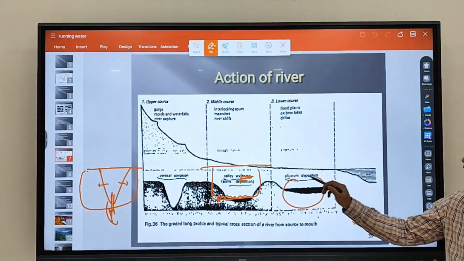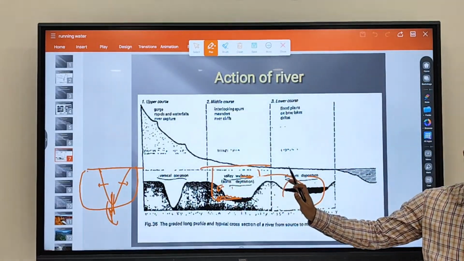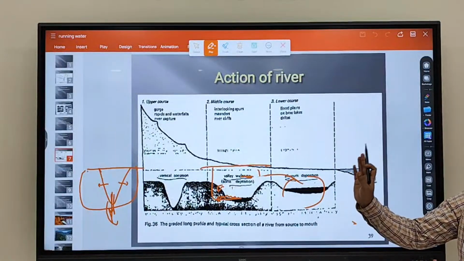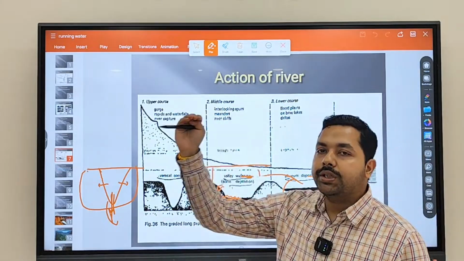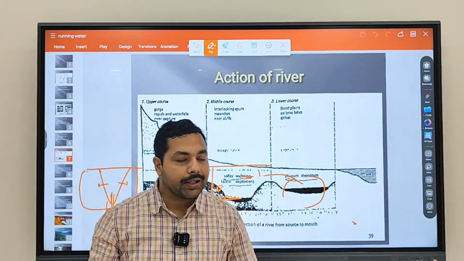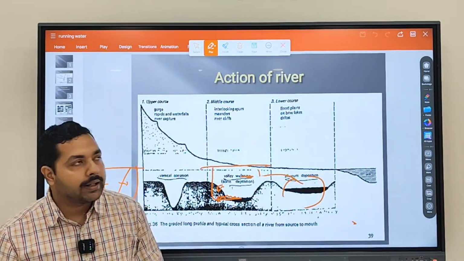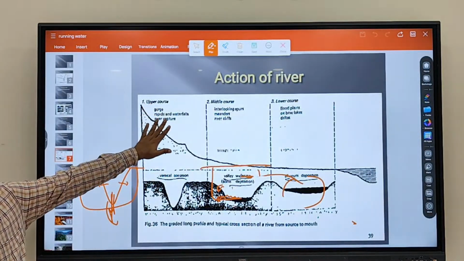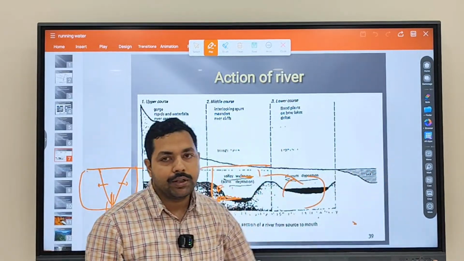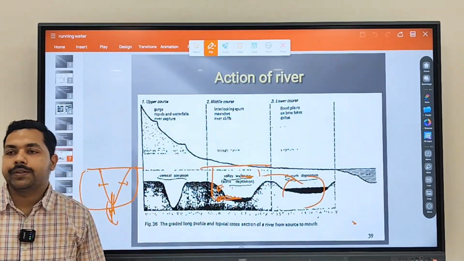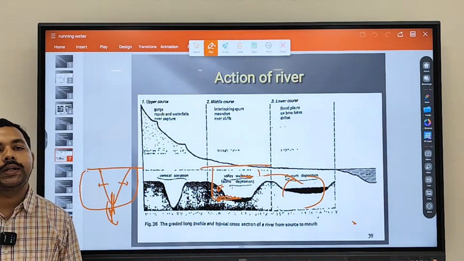And lastly, more deposition will happen at the lower course. Clear? So this happens due to the action of rivers. When a river is flowing from the origin till the end part, it is making certain landforms, and these landforms can be formed either in the upper course, middle course, or lower course of a river. In the upper course of a river, generally which type of erosion will dominate? Vertical erosion.